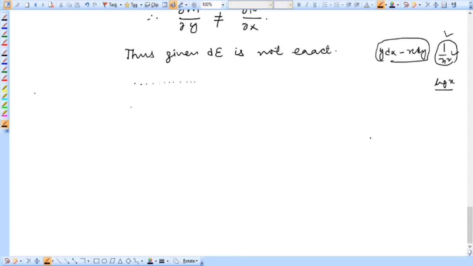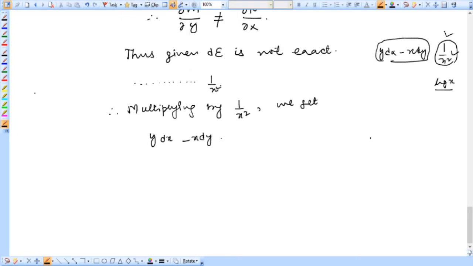So now, 1 by x square could be the integrating factor of this equation, therefore multiplying by 1 by x square we get (y dx minus x dy plus log x dx) upon x square is equal to 0.